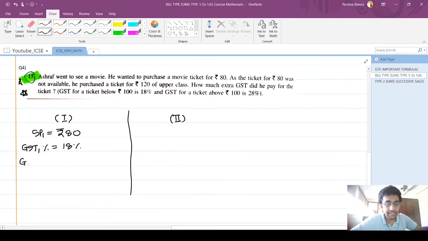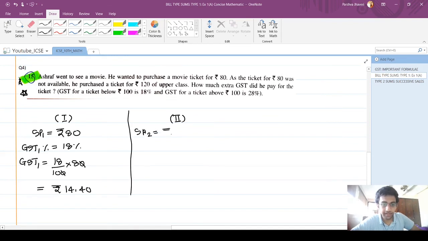So how much GST he would have paid in case 1 is rate of tax into SP. So 18 upon 100 into 80. This works out to be around rupees 14.40.